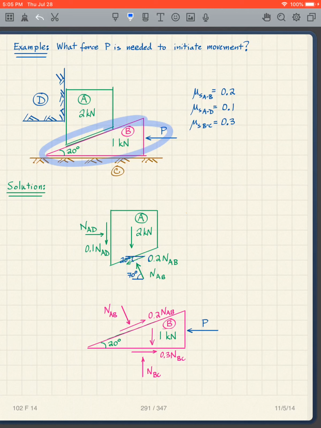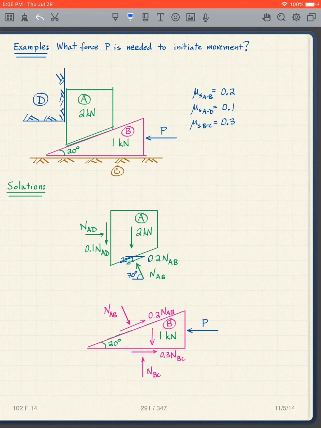Now what's happening with this block? What do I see? I have the P here, and then again I've made a cut through that frictional surface and that frictional surface, so I have a normal, a perpendicular, and a parallel. I have a normal and a parallel.